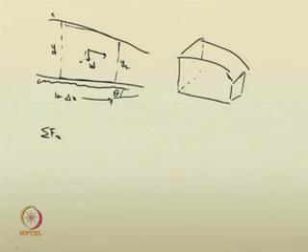Along this control surface, the pressure force will be acting on the wall of the control volume in this direction, whereas the pressure force will be acting on the walls of these control surfaces in this direction. Let me suggest this as P1, this as P2. All other control surfaces are immaterial because we are dealing only in the x direction.